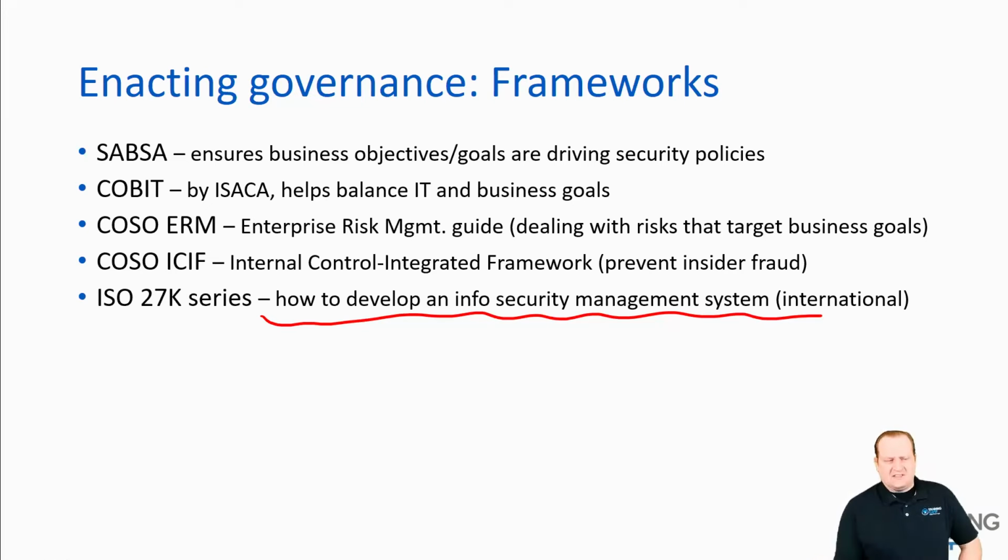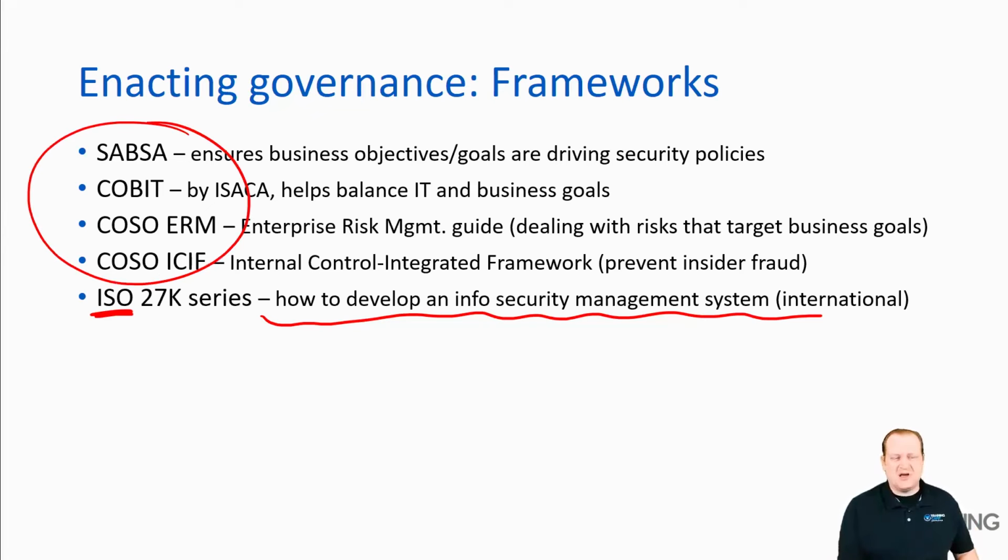But here, ISO, again, is international, draws from all the countries, and gets more recognition than I think most of these probably do. These guys up top, Western Europe, United States, very common. Not to say that you can't find them in other places, but I doubt that they've heard of those in Eastern Europe.